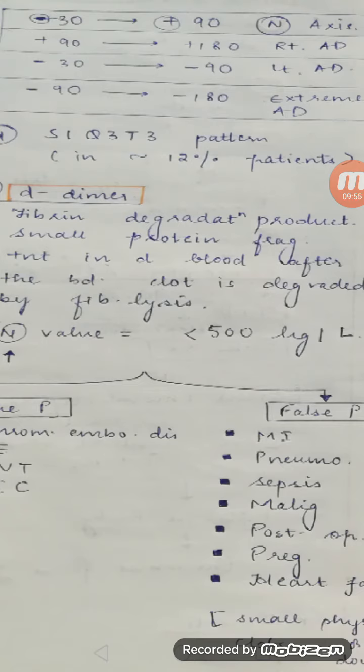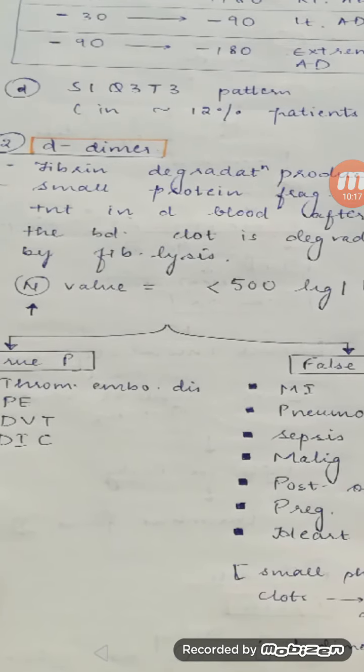So you have to deduce that, okay, yes, this is the S1Q3T3 pattern. What it is: a deep S in lead 1, deep Q in lead 3, and inversion of the T wave again in lead 3, and this is seen in 10 to 12% of the patients of PE. S1Q3T3 pattern, very important.